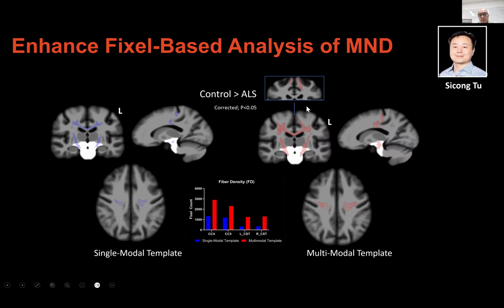I think this is because of the advantage of the multimodal brain template: because of its tissue-unbiased nature, the template provides quite nice specificity in the superficial white matter and in the gray matter. So it really helps us to provide a complete pathway of the white matter change for motor neuron disease.